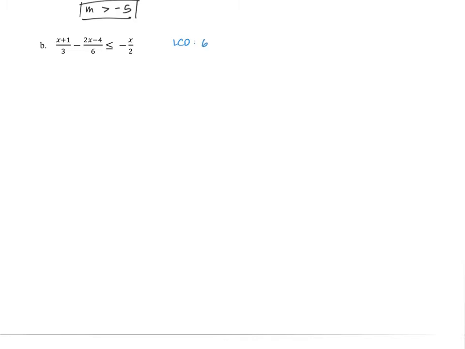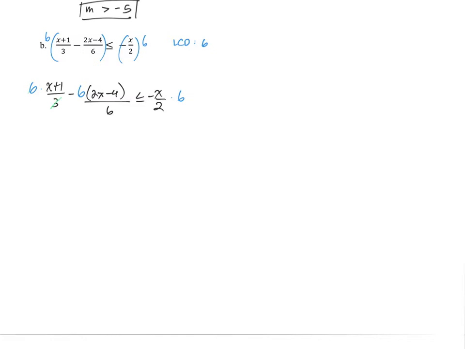And then because it's an equation, or an inequality in this case, I don't need to use the building up property. So I can multiply both sides by 6. And that's going to end up looking like 6 times (x plus 1) over 3 minus, remember the 6 gets distributed in, 6 times (2x minus 4) over 6, which is less than or equal to negative x over 2 times 6.